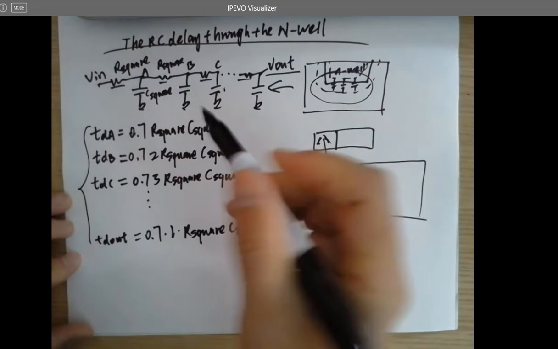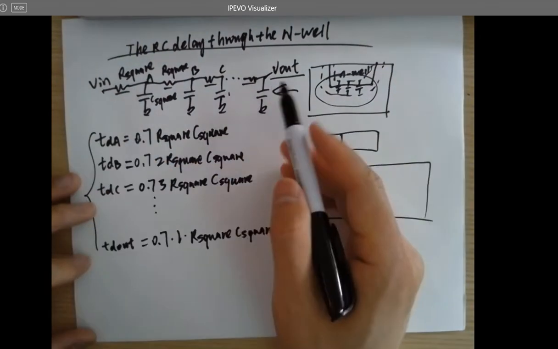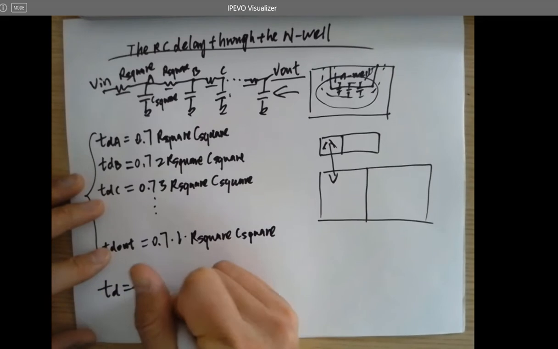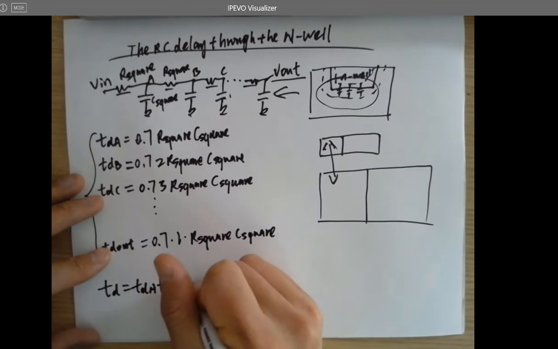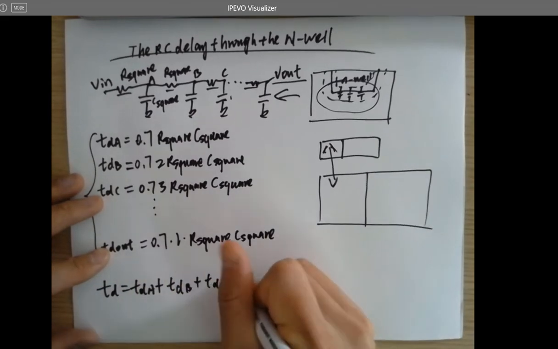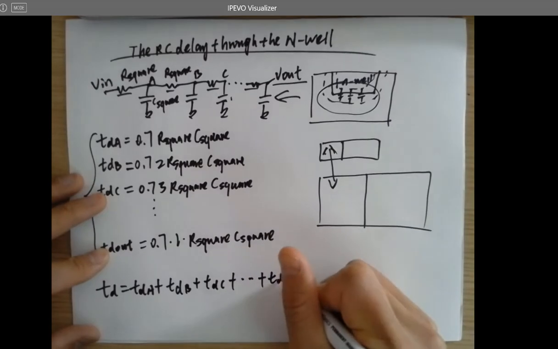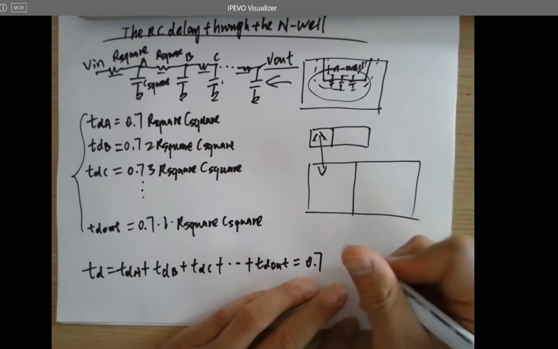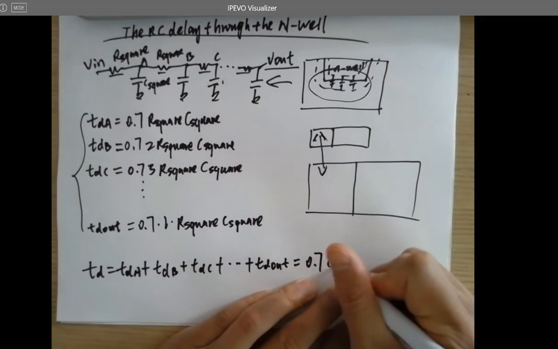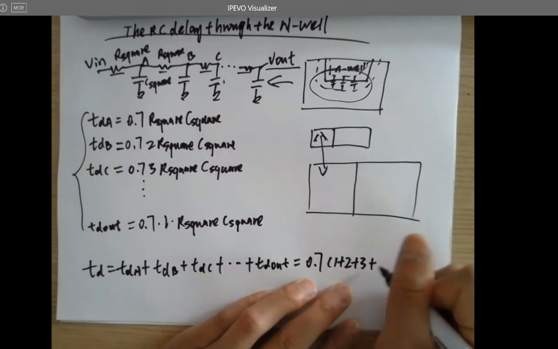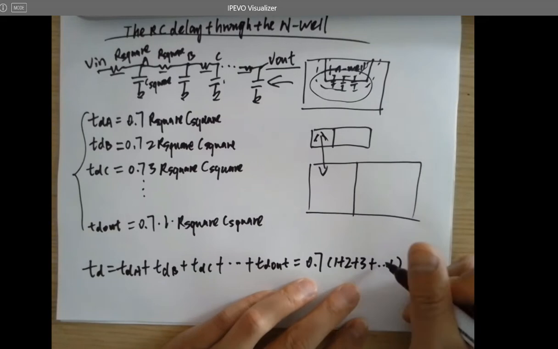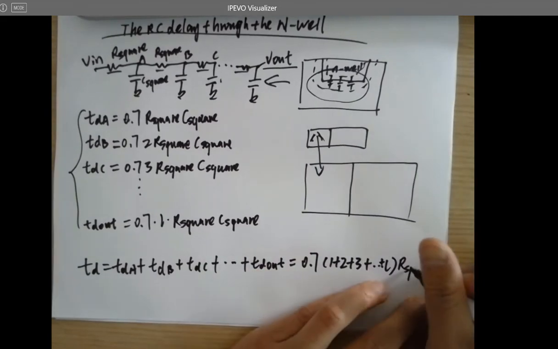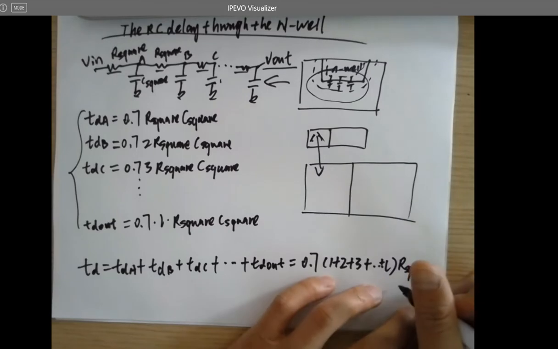If you want to find the overall time delay from Vin to Vout, which is the overall TD, that equals TDA plus TDB plus TDC plus TD out, which is 0.7 times (1 plus 2 plus 3 plus ... plus L) times R square C square.